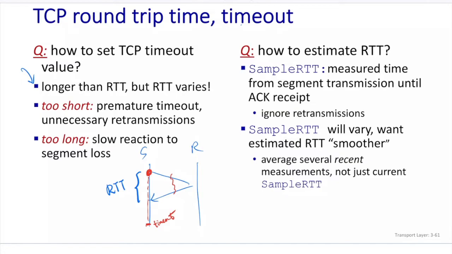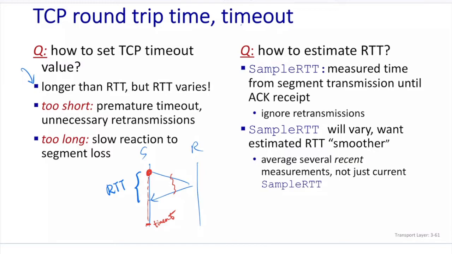If the timer is too short, there will be unnecessary retransmissions, because maybe the ACK is on its way back to the sender, but you set a short timeout. But if you set a very long timeout, your performance will be very poor, because the sender needs to wait a long time for the timeout.